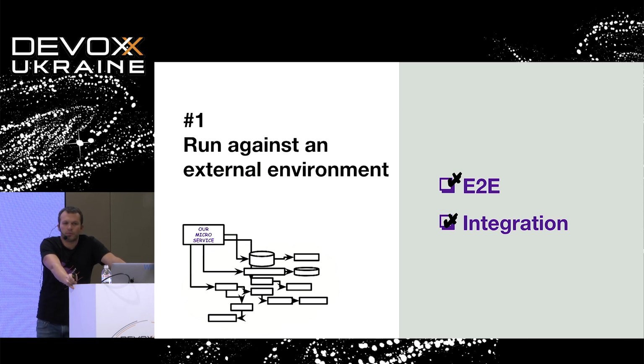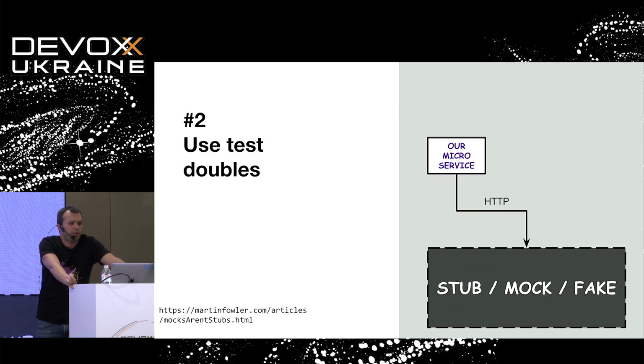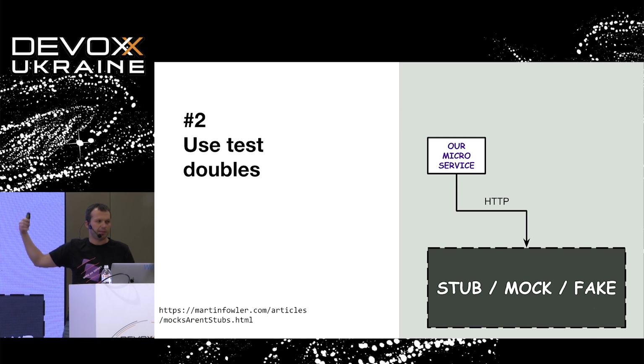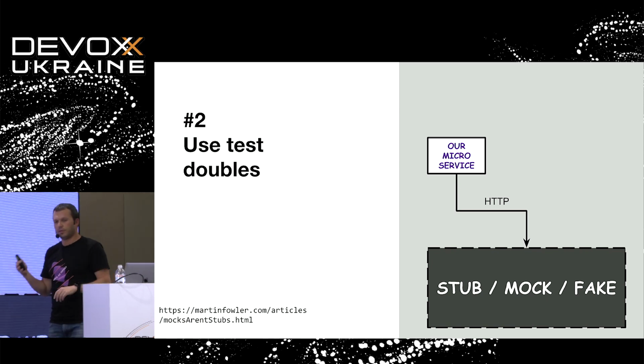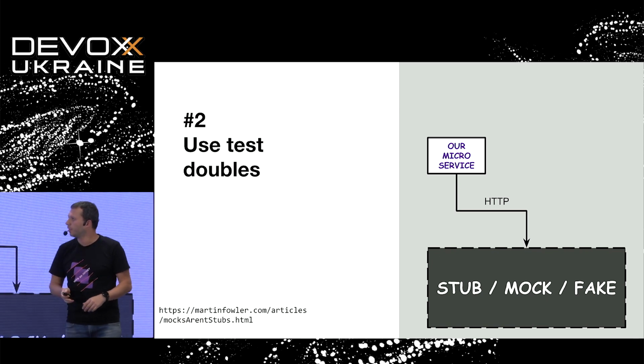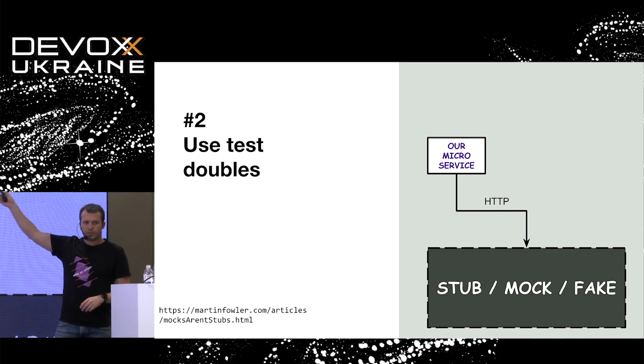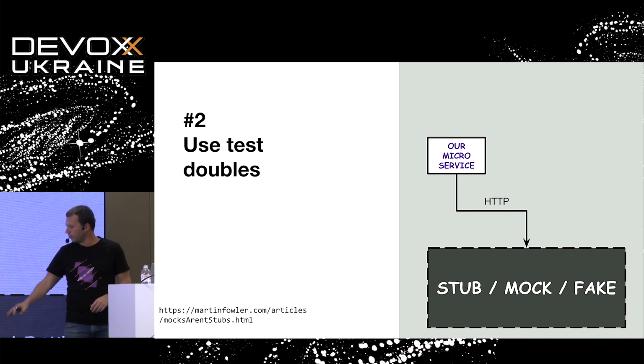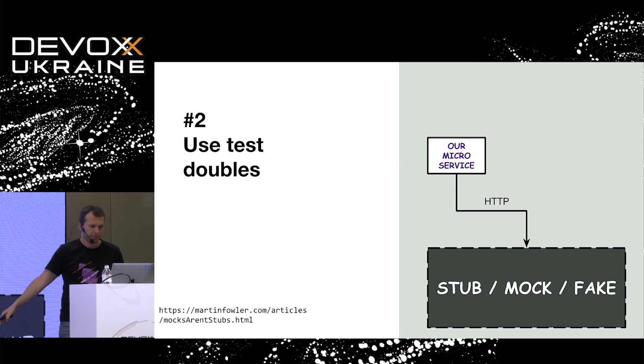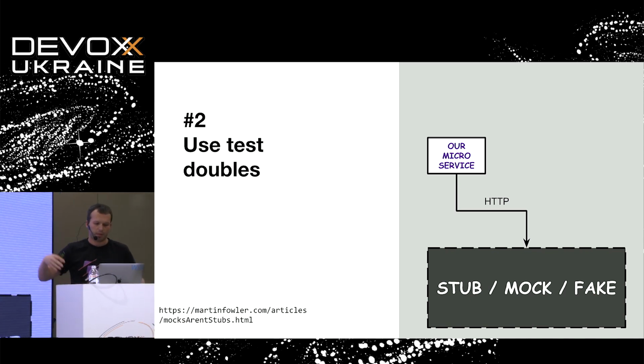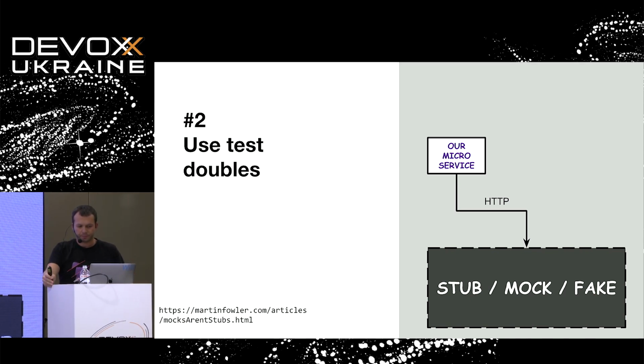Okay, now let's move to the next approach, which is drastically different. And it's using test doubles. But the important part here is that you're using the test doubles over the same protocol that you use in your real system. So you have your microservice, and you use stubs or mocks or fakes behind this same protocol.